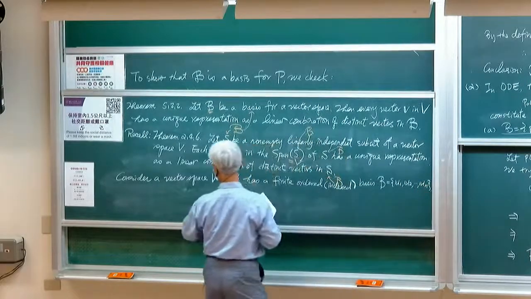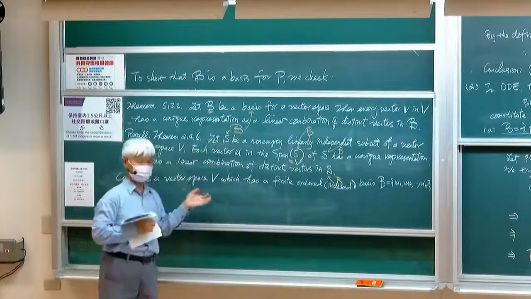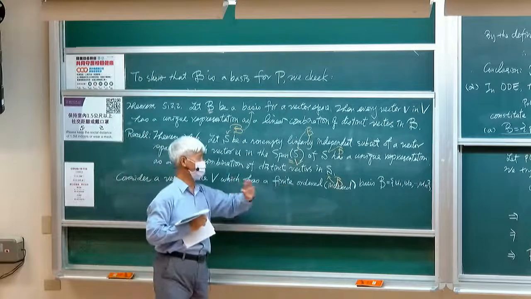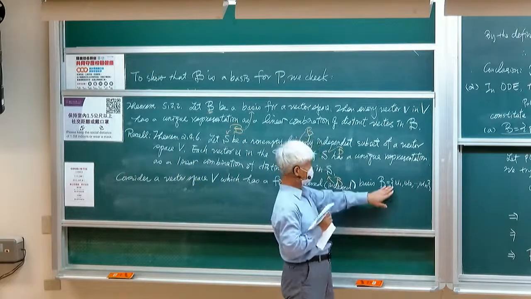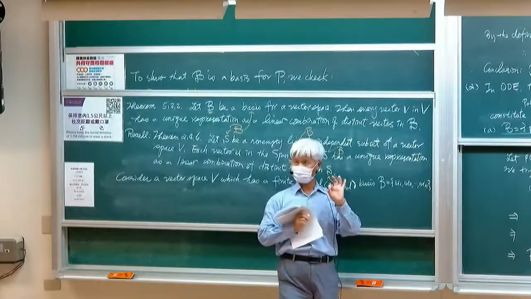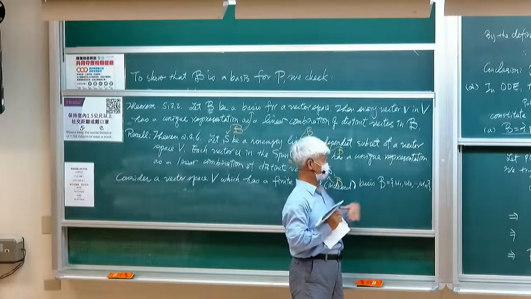So suppose that we have a vector space. This vector space has a finite ordered basis B, so this basis consists of n basis vectors.